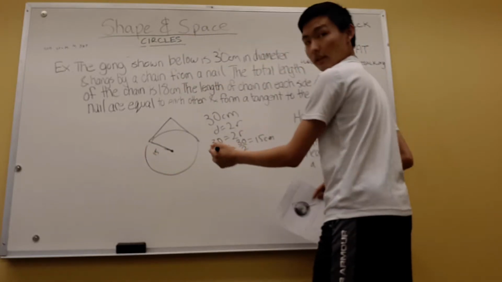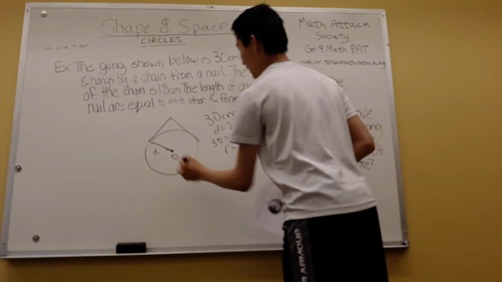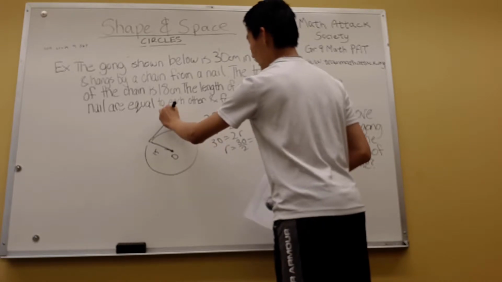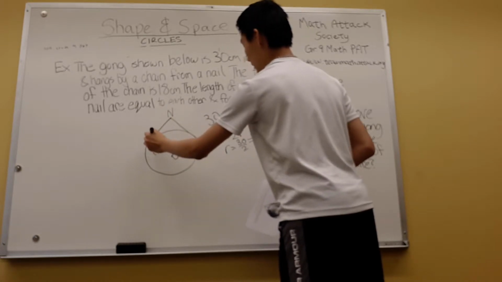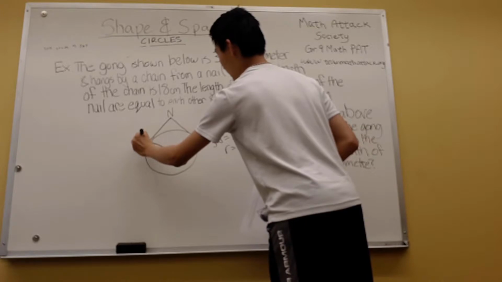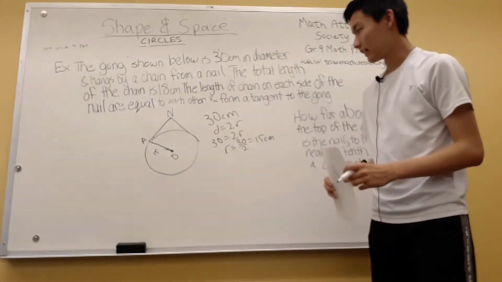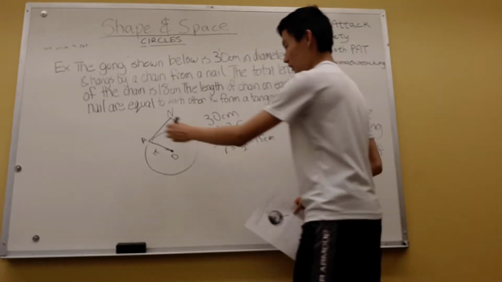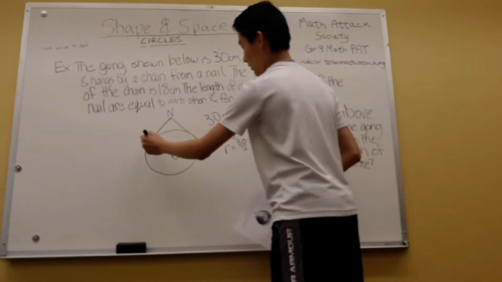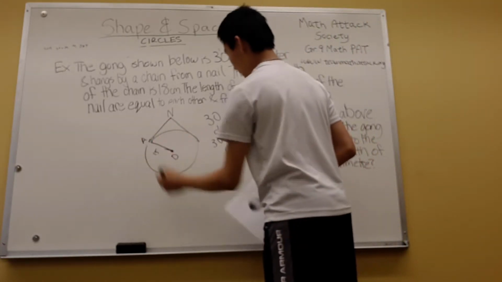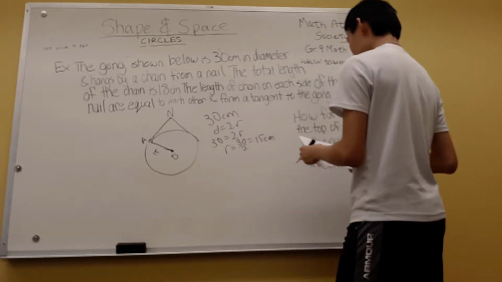Now we'll call the center of the circle O, the point where the nail lies N, and this point A, where it's tangent. What we've learned is that a tangent is 90 degrees with the radius, a line that touches the circle just once. So this is 90 degrees.